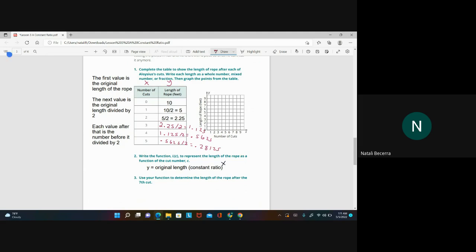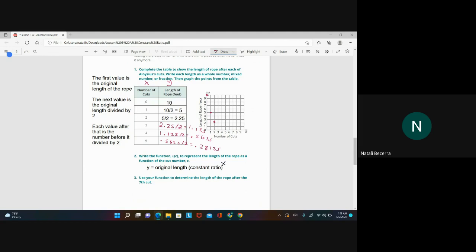Okay, so now we graph it. So whenever x was 0, y was at 10. So that's right here. Whenever x was at 1, y was at 5 right here. Whenever x was at 2, y was at 2.5. So right here. Where is it? Right here.